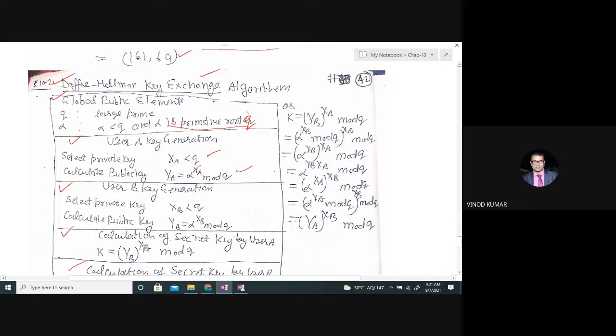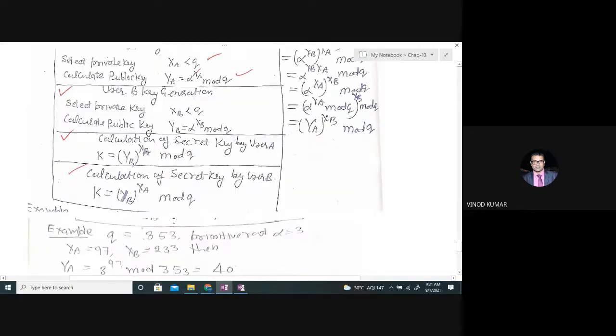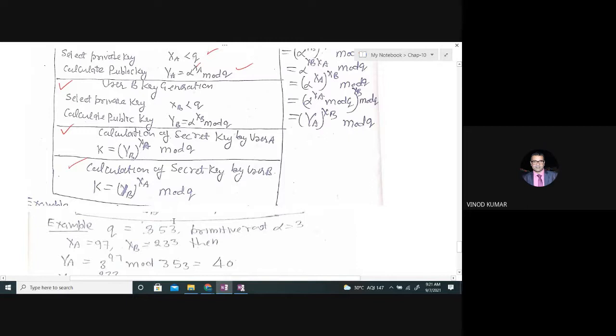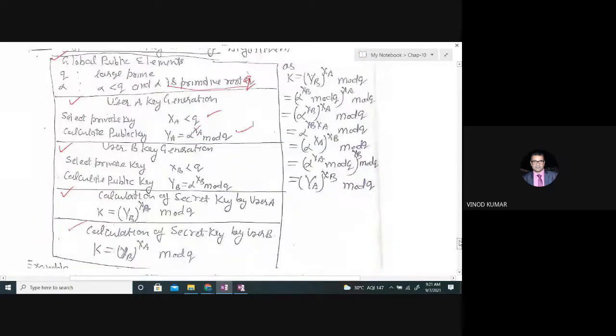Similarly, user B calculates the key. Select a private key x_b less than q, and calculate the public key y_b equals alpha to the power x_b mod q. Then calculating the secret key by user A, which is y_b to the power x_a mod q.